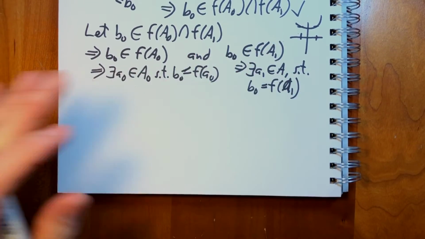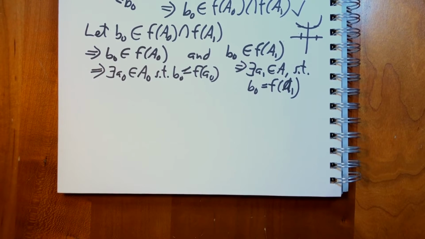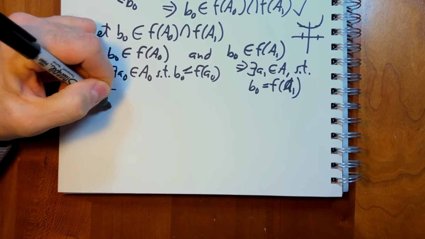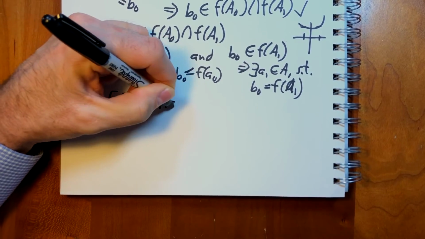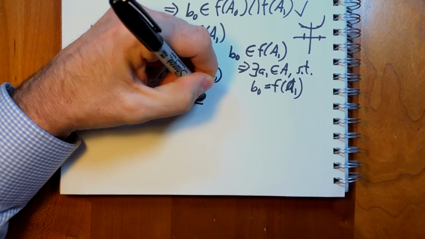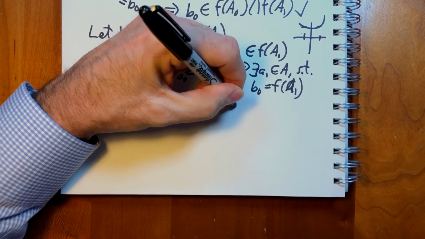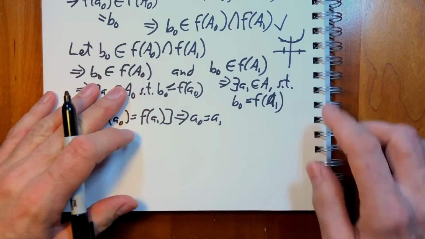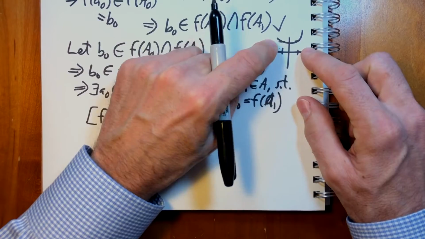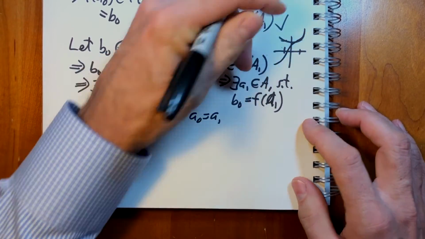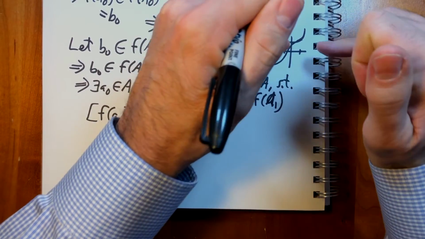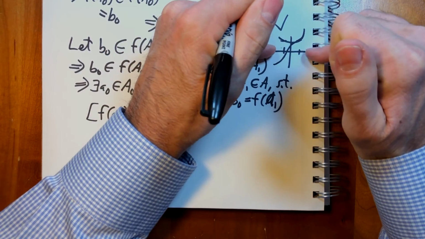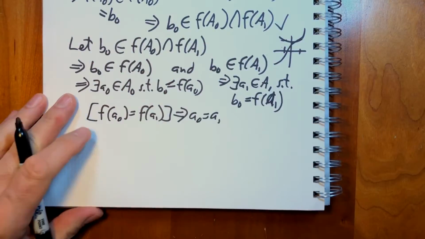So that's not good enough. But injectivity fits here perfectly because injective means that if f of a0 equals f of a1, that implies that a0 equals a1. Basically, injective just means that this can't happen. It means that the function doesn't double back on itself, so it's not possible for two separate elements in two separate subsets to evaluate to the same value.